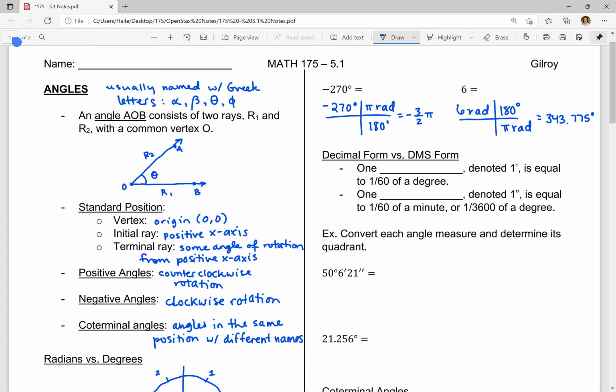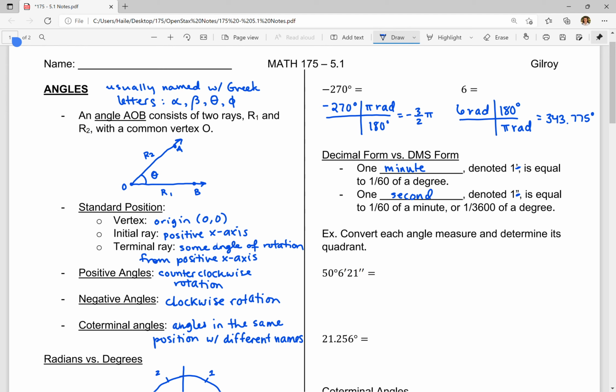So 1 minute, which we denote with a little tick mark next to our number, is equal to 1/60th of a degree, and 1 second, which we denote with a double tick mark next to the number, is equal to 1/60th of a minute, or 1/3600th of a degree. So what we're talking about here are fractions of degrees, but maybe sometimes we don't want to write it in decimal form.